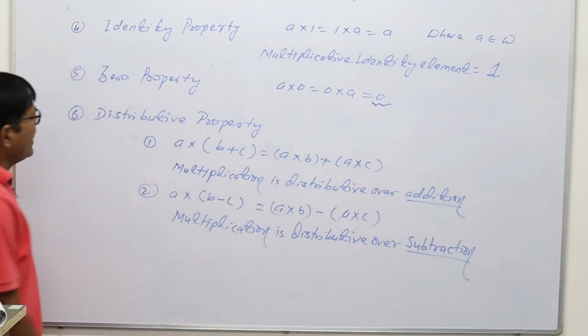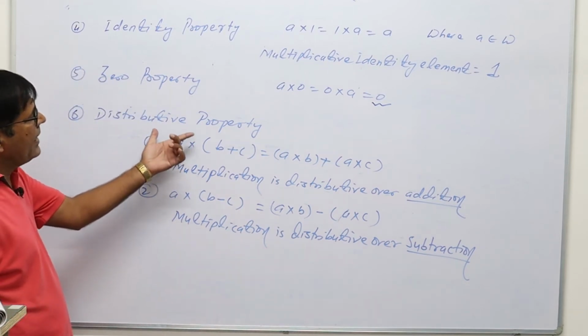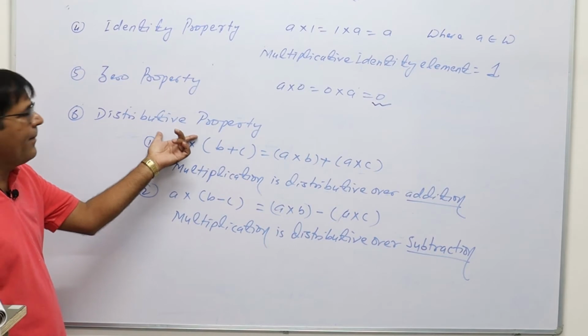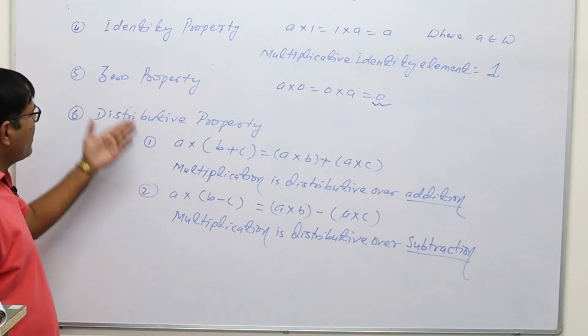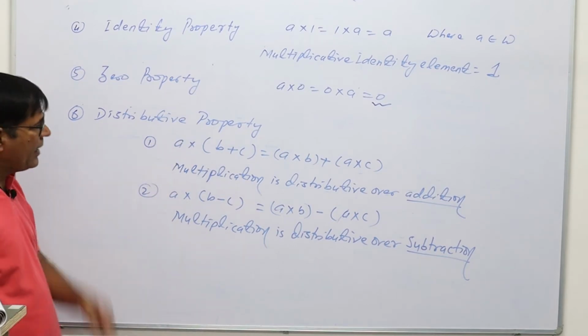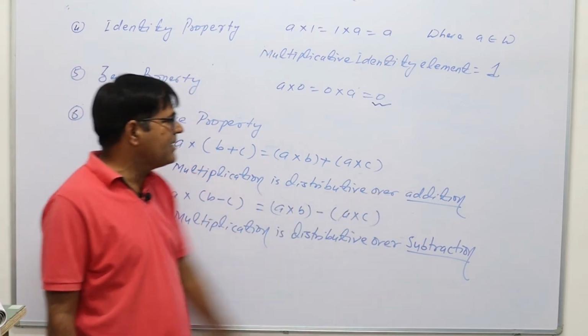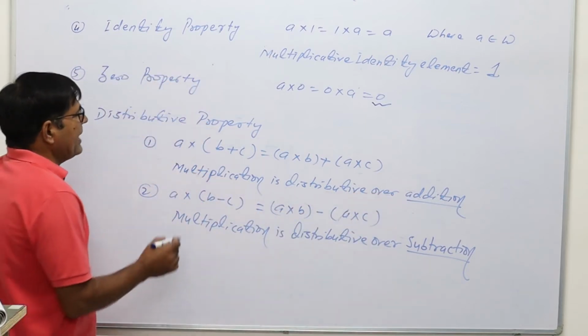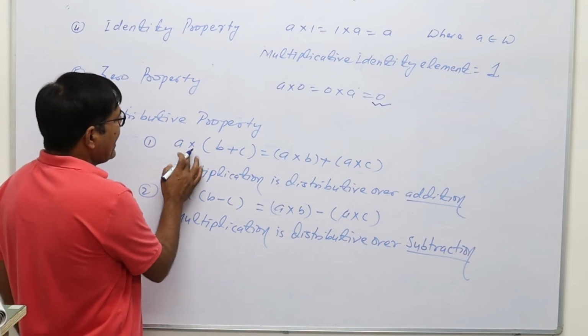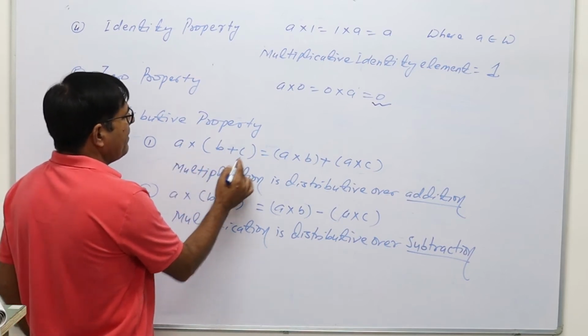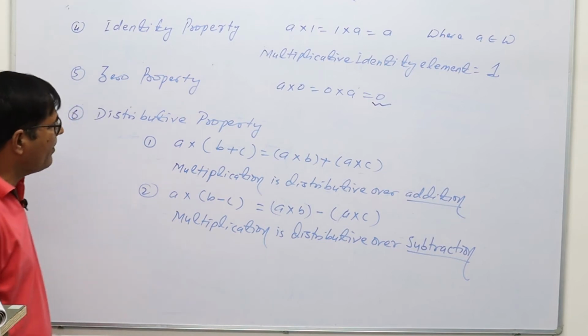Now, the next property is the distributive property, and this is a very important property. This property is categorized in two ways. First, multiplication is distributive over addition, which means if we have to multiply A to the sum of B plus C, here three whole numbers are given.